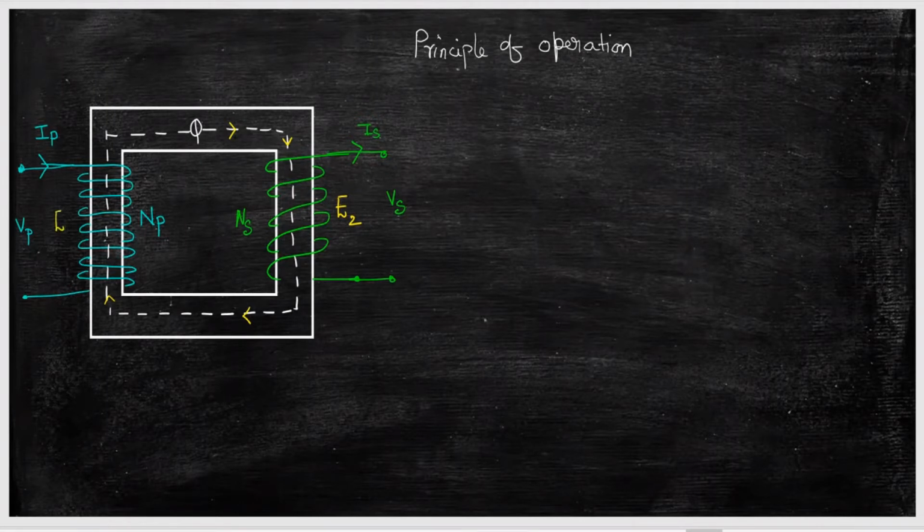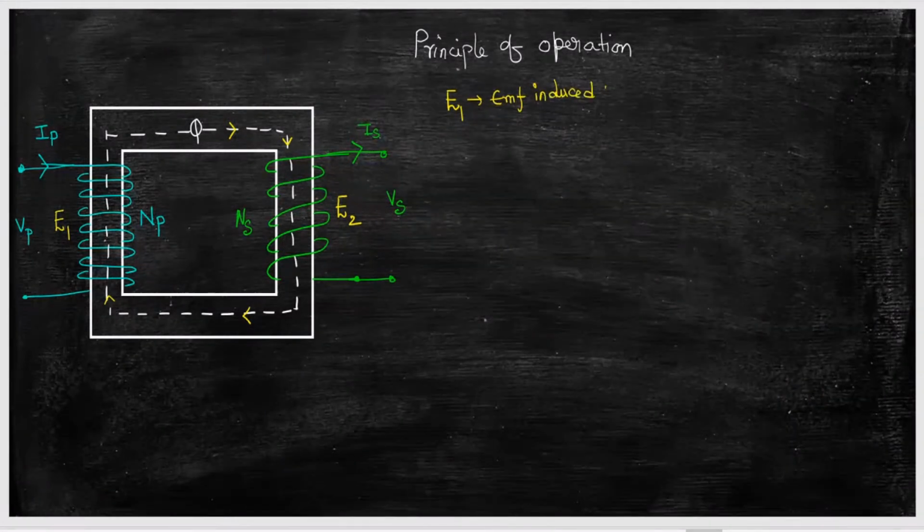So E1 is the EMF induced in the primary winding.